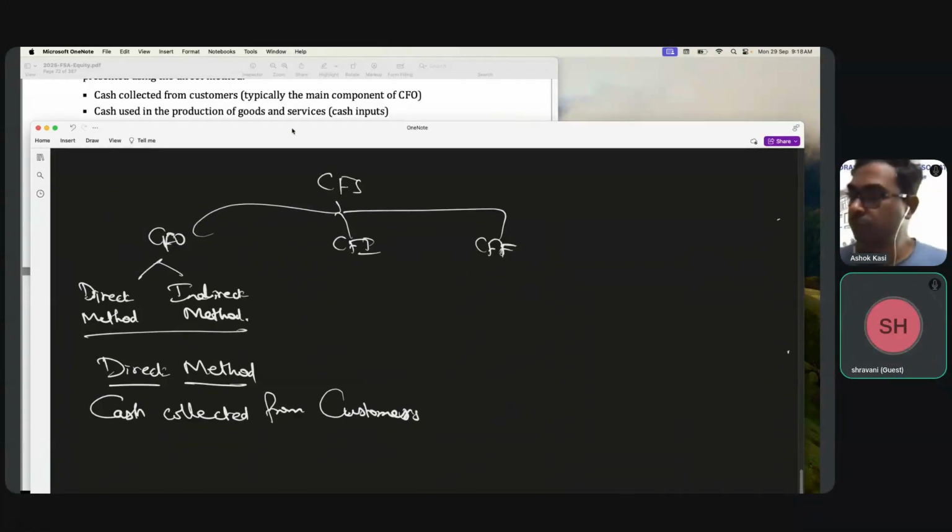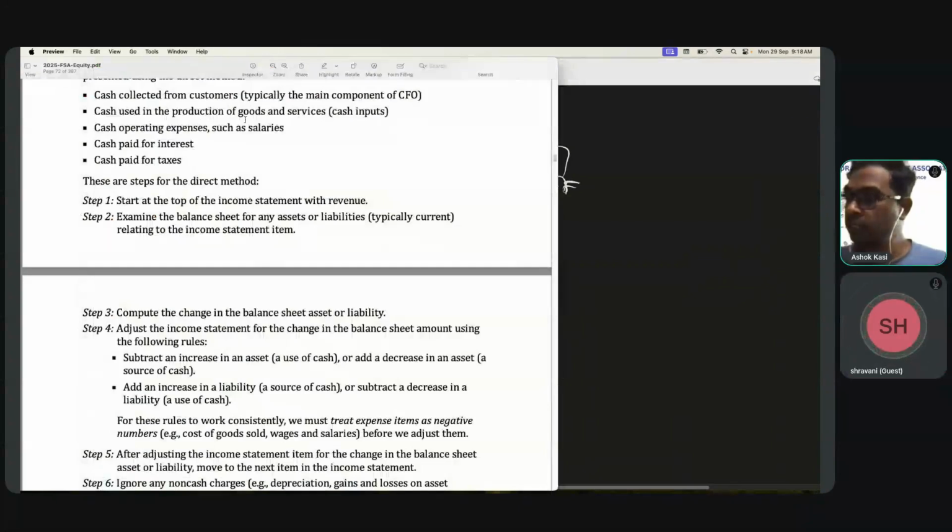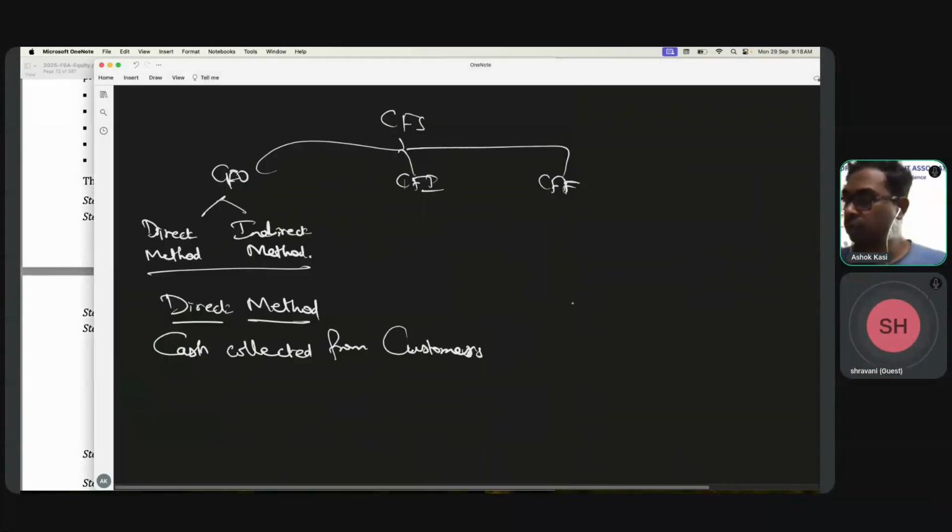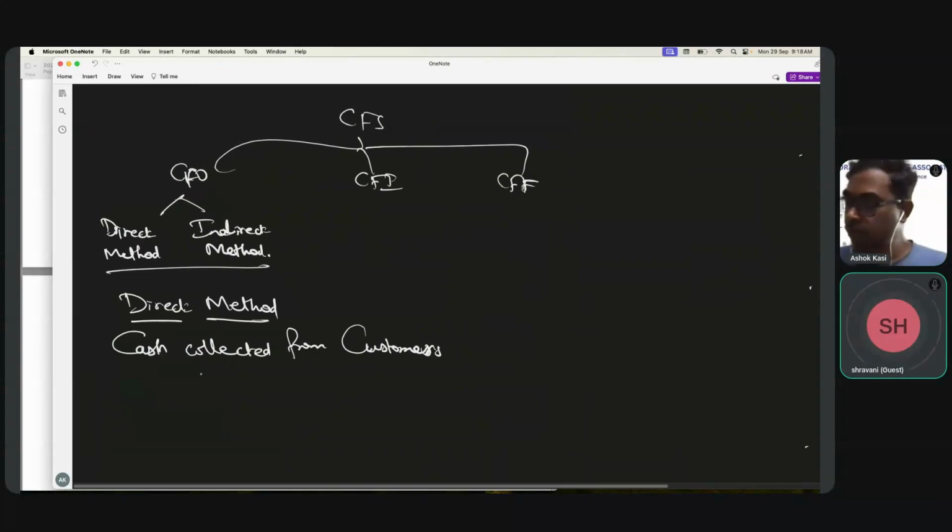Then cash used in the production of goods and services. So that means cash paid for purchases.